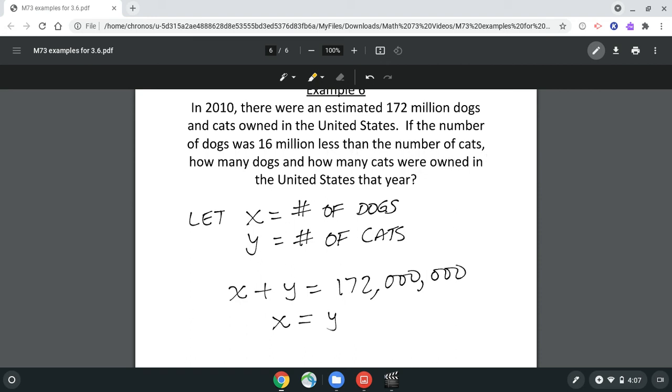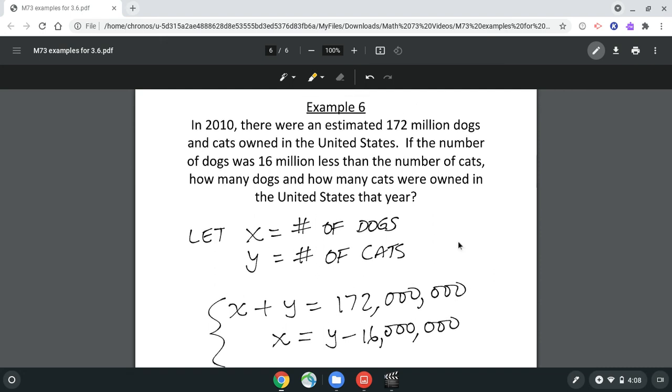So the number of cats, make sure you write these in the correct order. It's the number of cats minus 16 million. Okay, so make sure you have this in the correct order. Number of cats, but 16 less than that. Okay, so here you have your system of equations. And here, since this one is solved for X, I would use substitution method to solve this one.